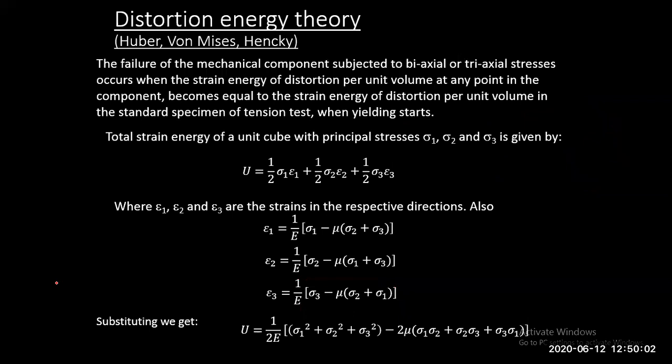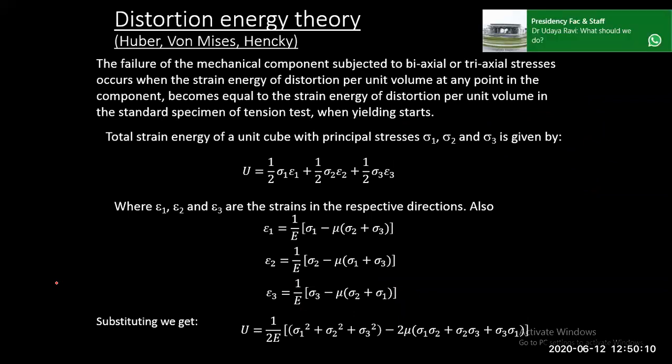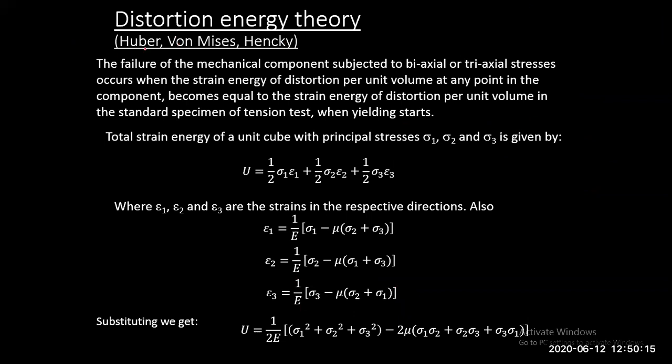The third kind of theory of failure is called the distortion energy theory, also called Huber, von Mises, or Hencky's theory. You might have heard about von Mises, maybe in finite element methods.